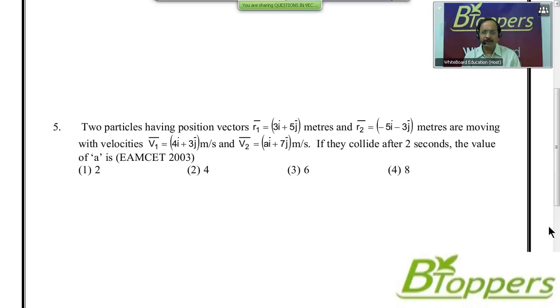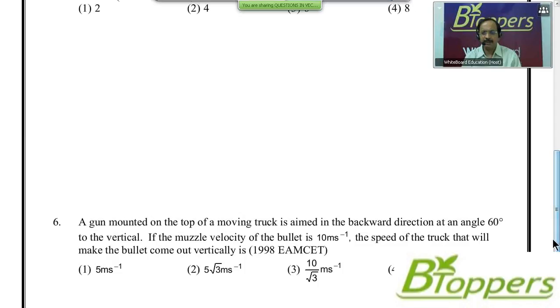I have discussed the condition for two particles to collide earlier. This problem comes under the same discussion. In case you need more time to try the problem, you can pause and try. See the next problem then.